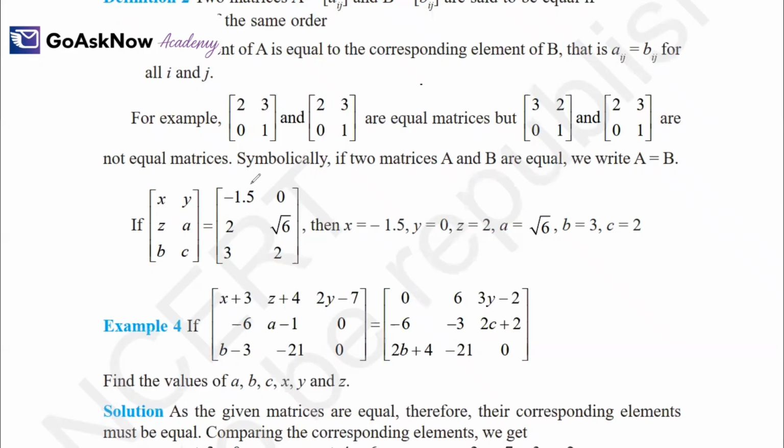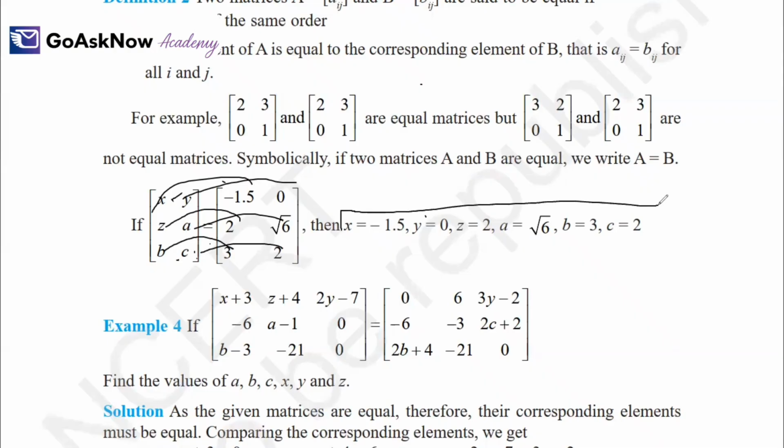So you can easily find the values of X, Y, Z, A, B, C because these are all correspondingly equal. X is equal to this, Y is equal to this, Z is equal to this, A is equal to this, B is equal to this, and C is equal to this. I hope you got the point why these are equal.